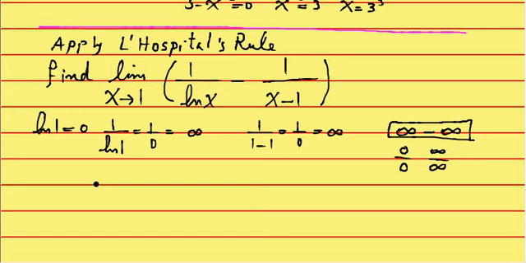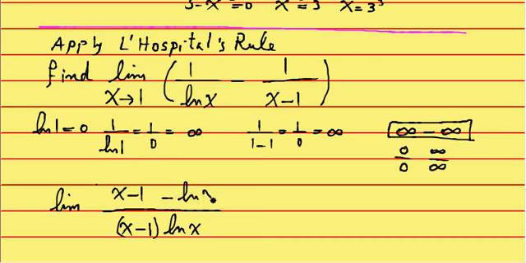In this case, our process will be easy. All we need to do is take a common denominator. So I take a common denominator, x minus 1 times logarithm of x. I have to multiply this by the denominator of the first one, and the second one by the denominator of the first, and take this limit.